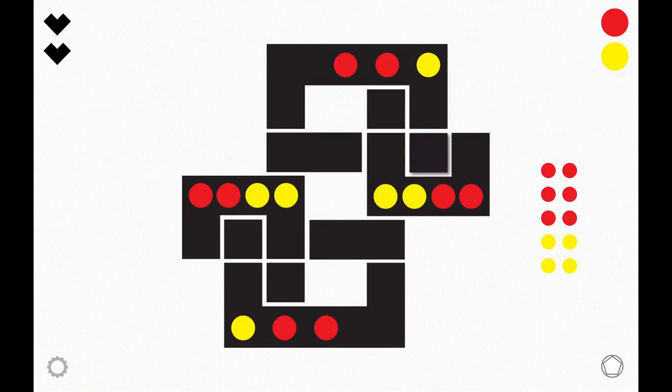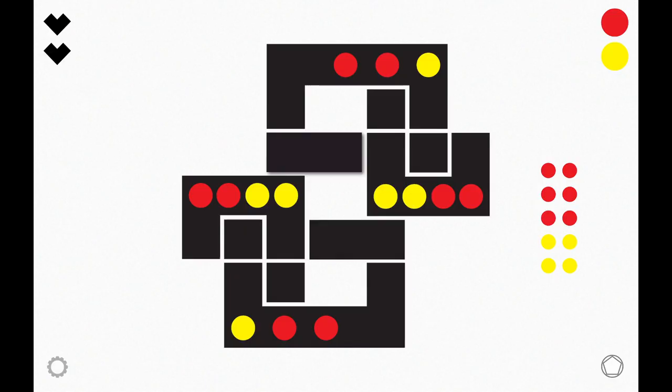And you're touching on this one. Okay. So 2 of these need to be red, and 1 of them needs to be yellow. Yes. But then we have this one.